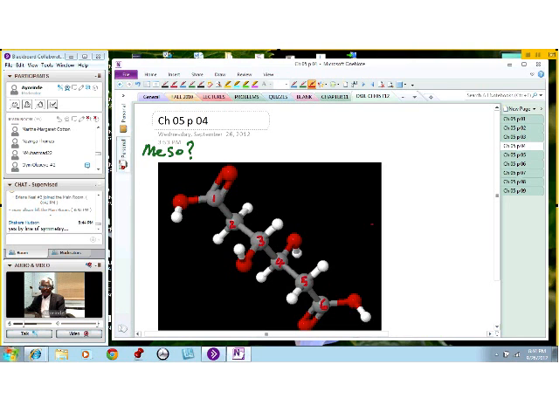Can anybody tell me how many chirality carbons do we have in this molecule? Okay, you say 2. 2 is correct. Excellent. Okay, which are those two? Give me the numbers. Which are the two chirality carbons? 3 and 4. 3 and 4. Excellent. That is correct.